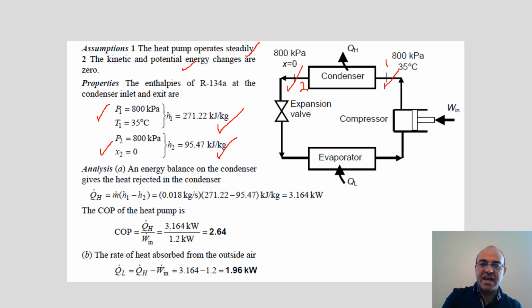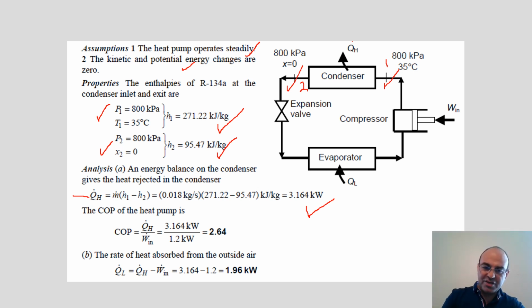Energy in is m dot h1, energy out is m dot h2 and Q dot H. So Q dot H, energy out per unit time, is equal to m dot (h1 minus h2). And we already found h1 and h2, so we can go ahead and find Q dot H. That's the amount of heat given away by the condenser and provided to the heated area.